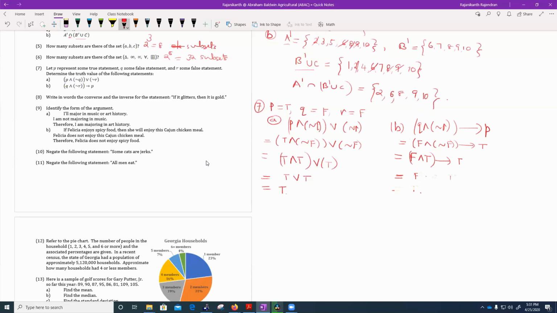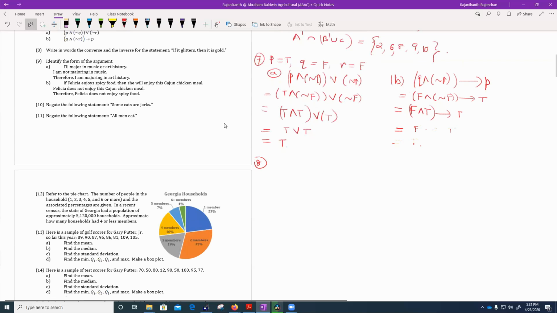Okay, number 8. Write in words the converse and the inverse of the statement. You are given a conditional statement. Let us assume this as the statement P, and this is my statement Q. So this is basically the conditional statement, right? If you are given a conditional statement, how do you write the converse of that?